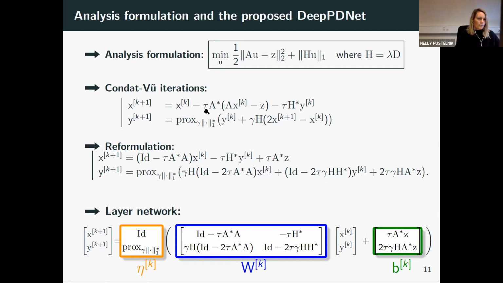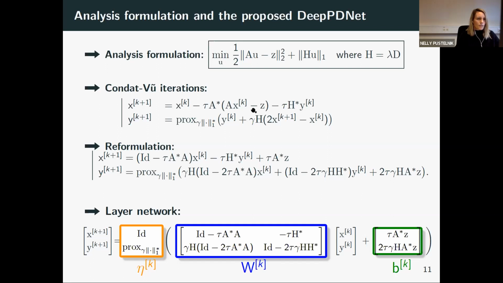You can see that if you once again gather all these terms together, you obtain this quantity. This term here is this one. The z times tau A star is here.